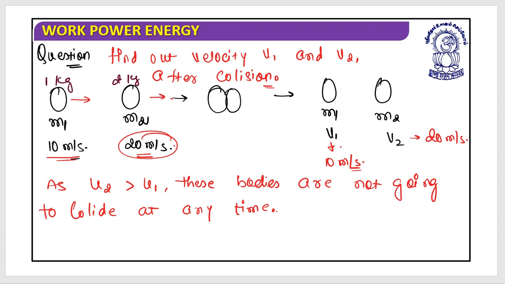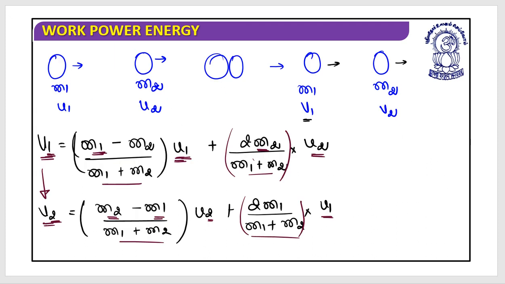Do you understand that these formulas are correct and you can always apply them, but please remember that when we wrote them, we assumed that u1 must be greater than u2 and v2 must be greater than v1.